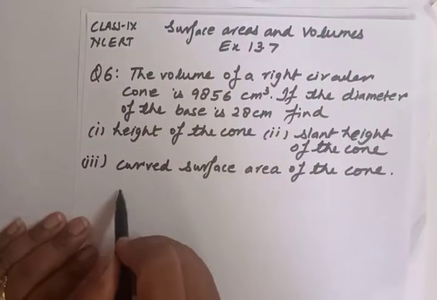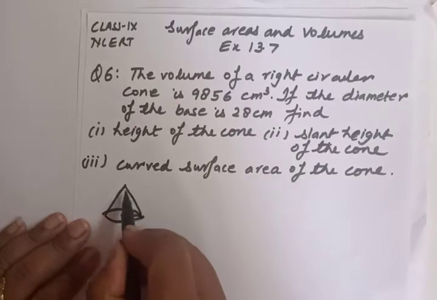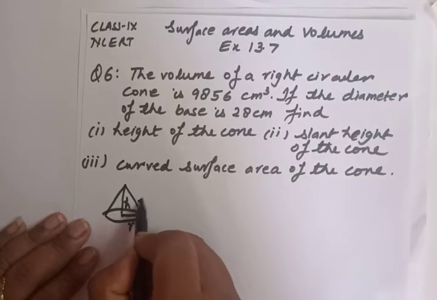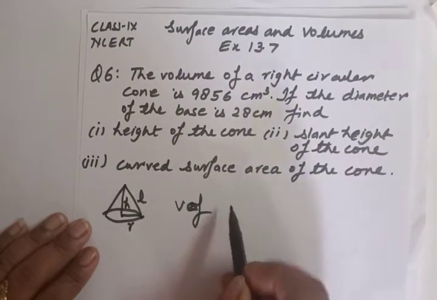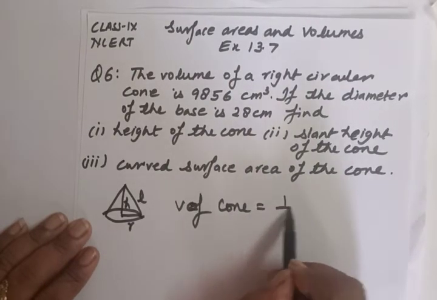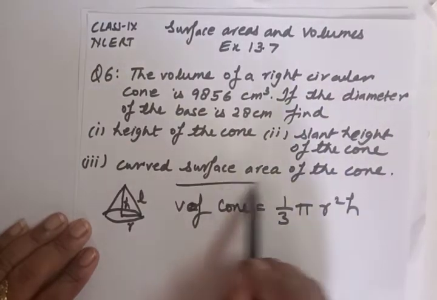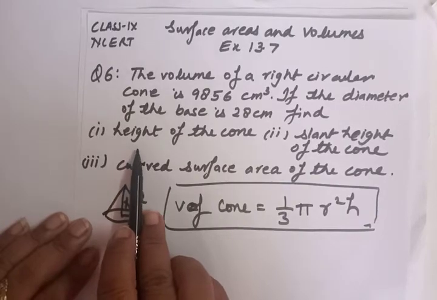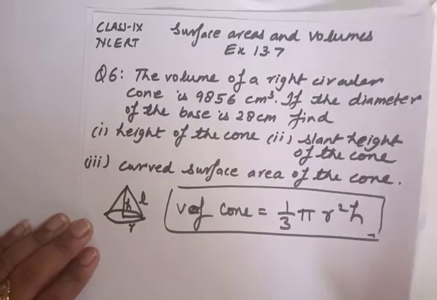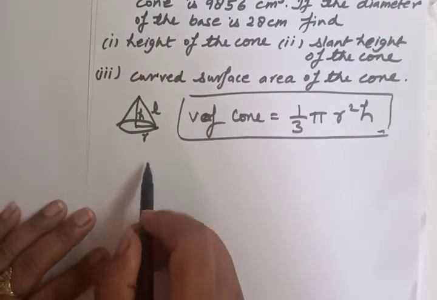So for this cone, this is the radius, this is the height, and this is the slant height. Volume of cone is 1/3 πr²h, the formula, and that is given. For the first part we need to find the height of the cone.